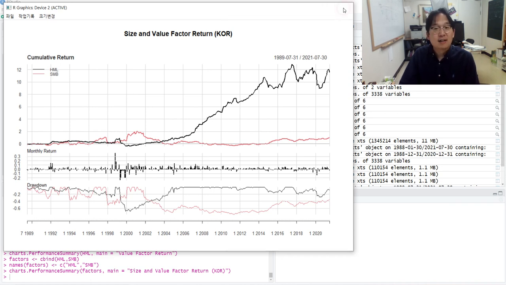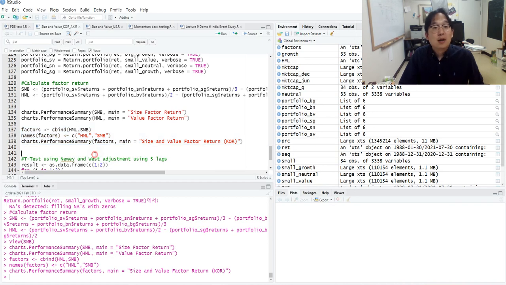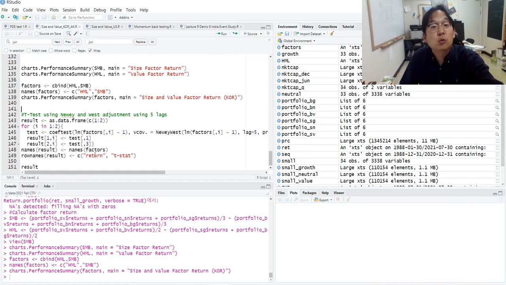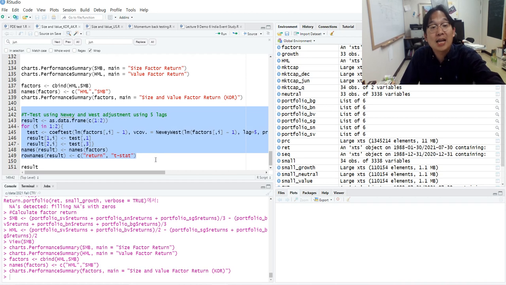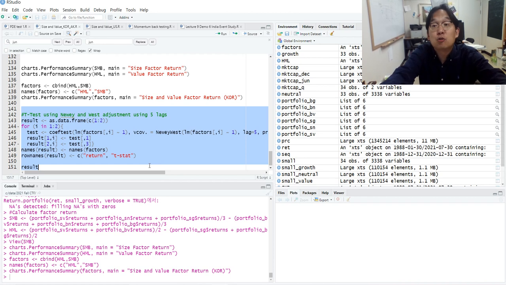That's that, right? And then a t-test using Newey-West adjusted standard error using 5 lags. It would be like this, just to see whether the value or size strategy was making a significant amount of money.